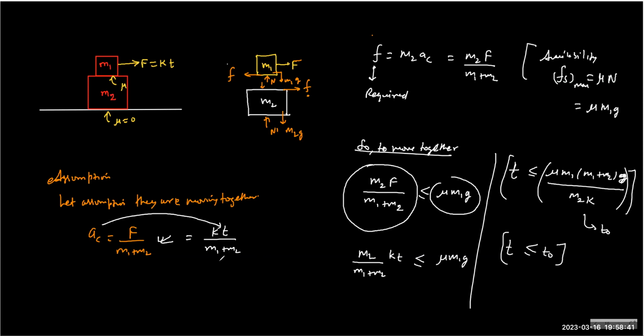But this will be true only if... is this part clear? Now the question is not over. The next part is: the moment T exceeds T naught, what will happen?